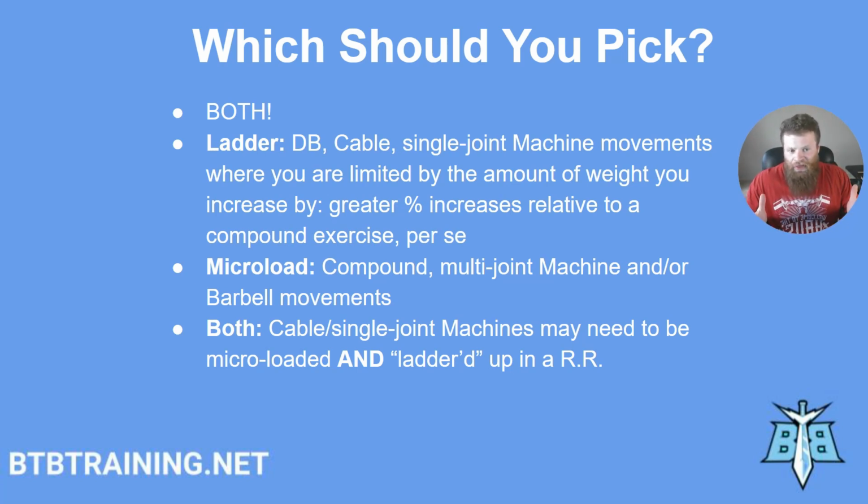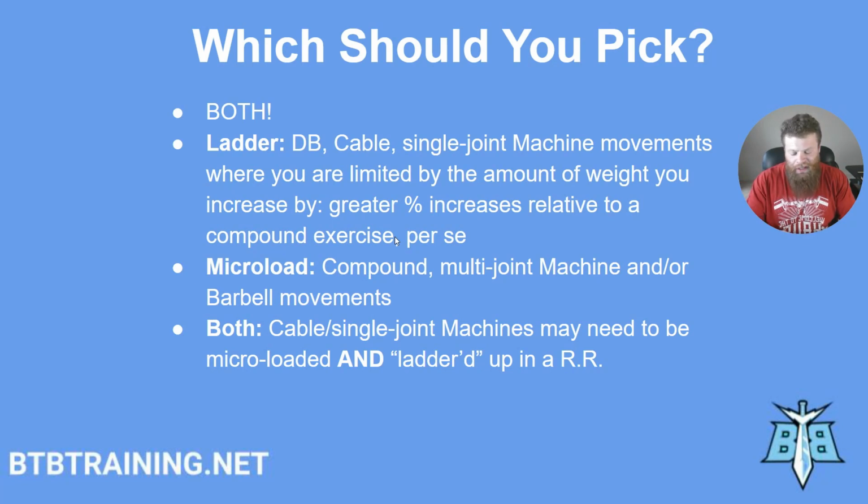There are gyms out there that have 2.5 pound dumbbell increments, but those are statistically much less frequent than 5-pound increments. So going from the 25-pound dumbbell on, say, your lateral raise to the 30-pound dumbbell is a 20% weight increase, which is a much, much larger weight percentage increase relative to a compound exercise.